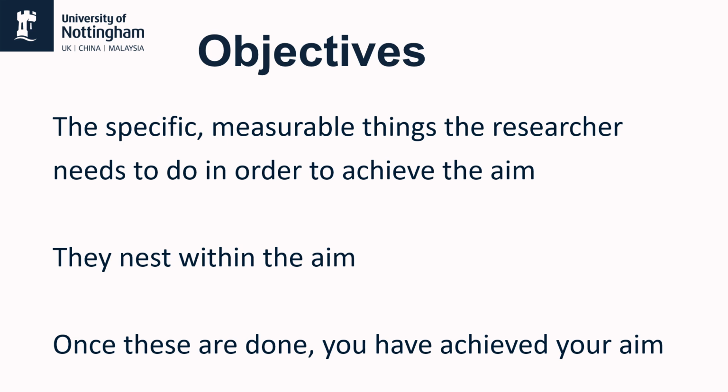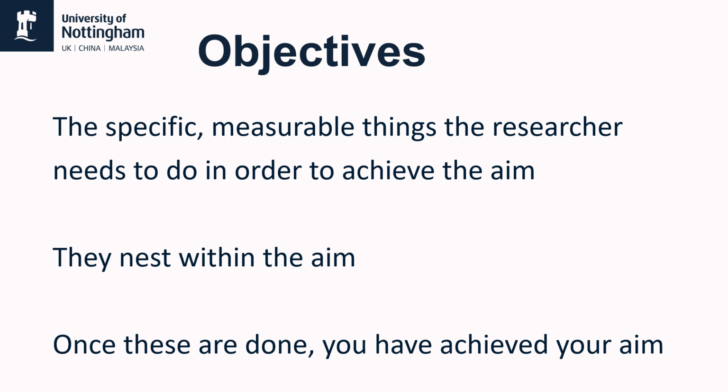So we can think about the objectives as being the more specific, and this is important, measurable things that you're needing to do in order to address or achieve your overall aim. And so we can think of the objectives as being more specific things that sit beneath, or nest within, your overarching aim.